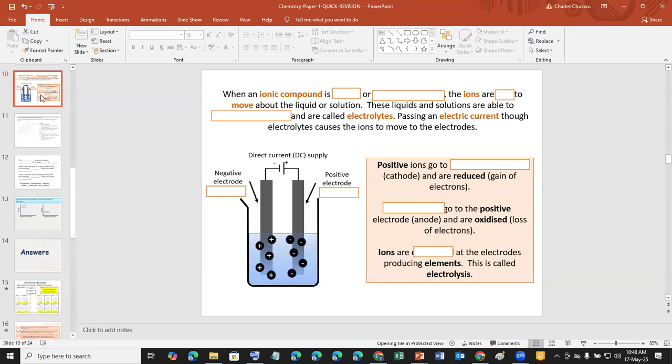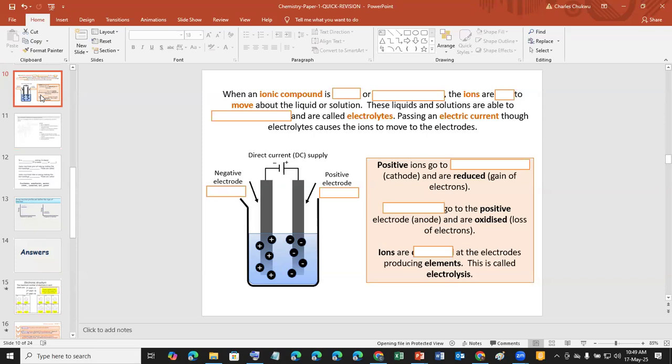oxidation versus reduction. Oxidation is usually addition of oxygen, of course, from the name oxidation. Oxidation is addition of oxygen, removal of hydrogen, and loss of electrons. Let me say it again.